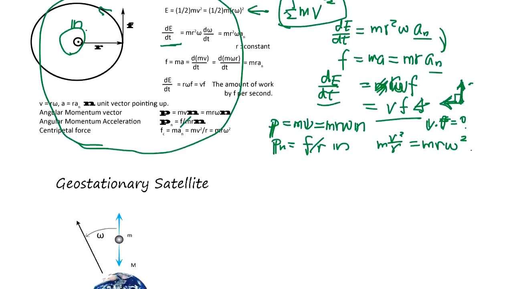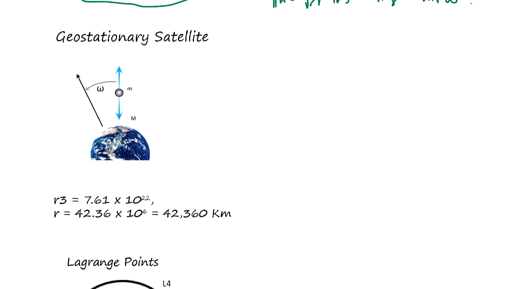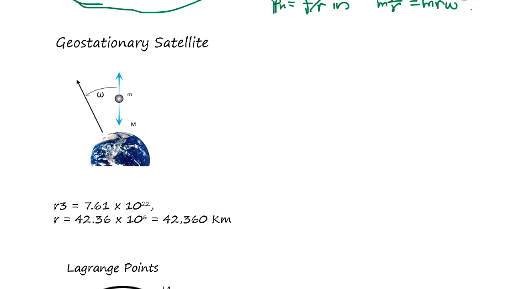Okay, so let's practice a little bit to see what happens in this kind of question. A geostationary satellite, that means it's always above you, it moves together with Earth, and this is used for communication, like TV programs or whatever.